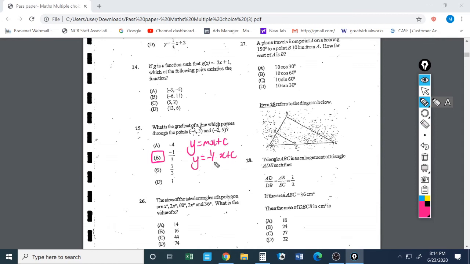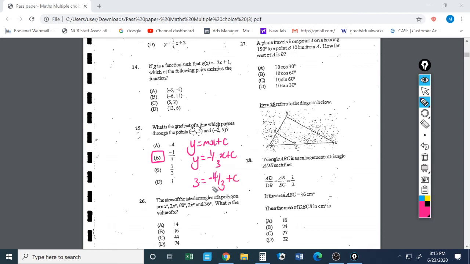All right, so the first thing I want to do is find the y-intercept. So I'm going to put in this minus 4 and this 3. So y is going to be equal to 3, and x is going to be equal to minus 4. So I'm going to get negative 4 over 3 plus c.